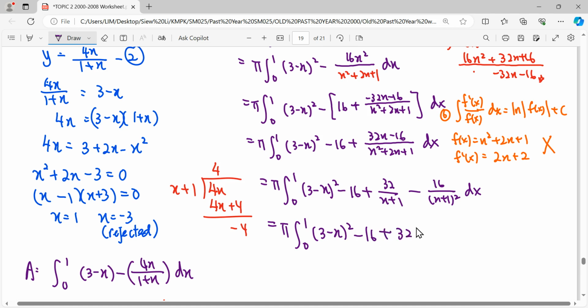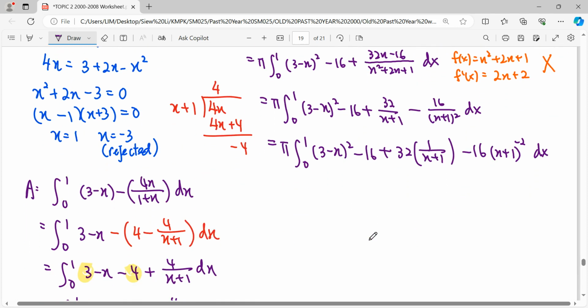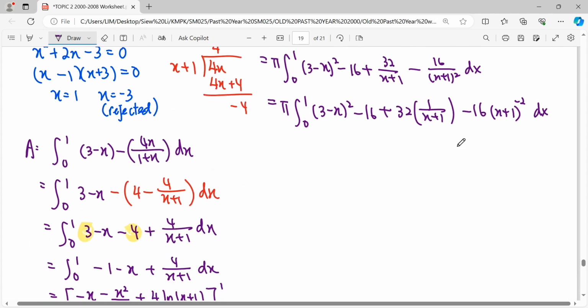So I can factorize out 32, then negative 16 times (x plus 1) to the power of negative 2. This is a bracket of linear, which we integrate using formula number 3. Only the denominator with power 1 is integrated using the fraction formula. Now every term inside this integral is ready to integrate using formulas.